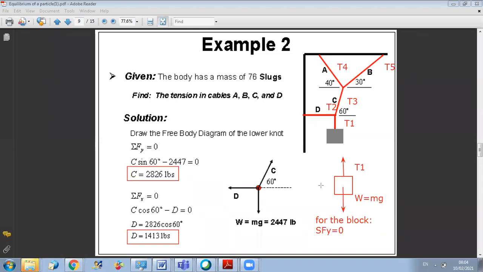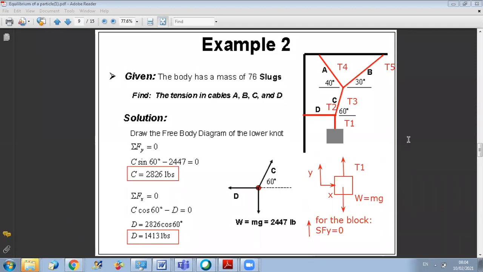So I will take Y like this, and this is X. Since my forces here are along Y, I will apply the equilibrium relation along Y. You can also put close to your equations the positive direction, to remember. So here you have plus T1 minus W equals 0. So it's plus T1 minus mg equals 0. So T1 is equal to mg.